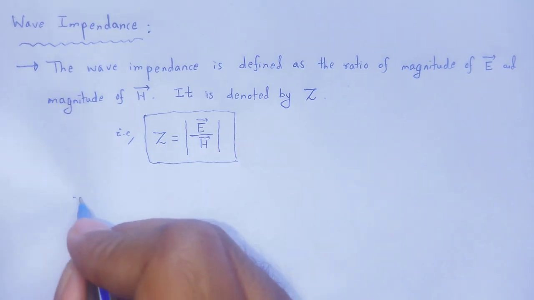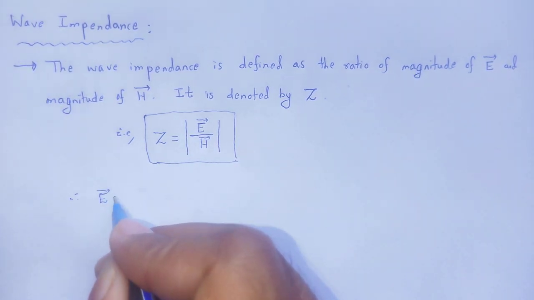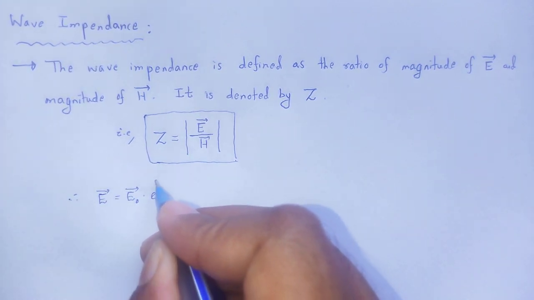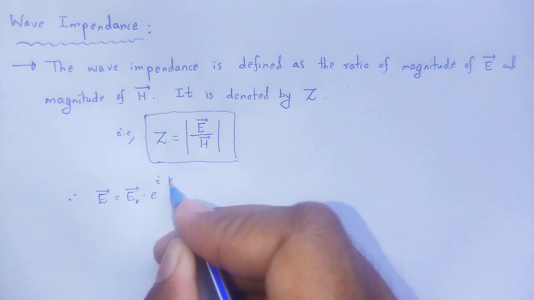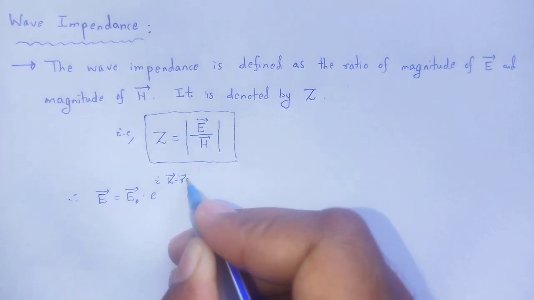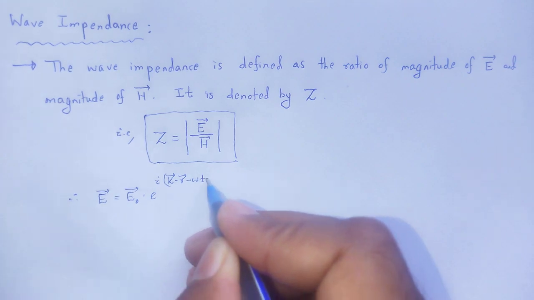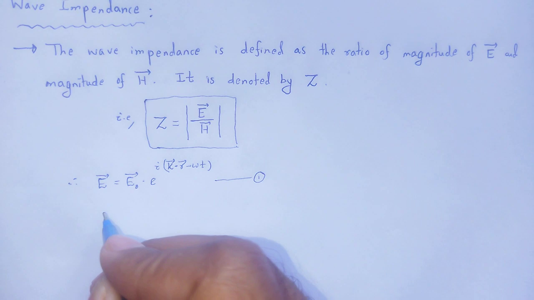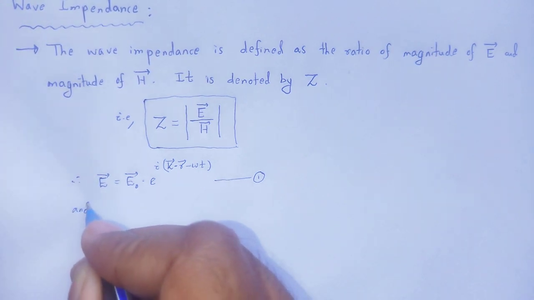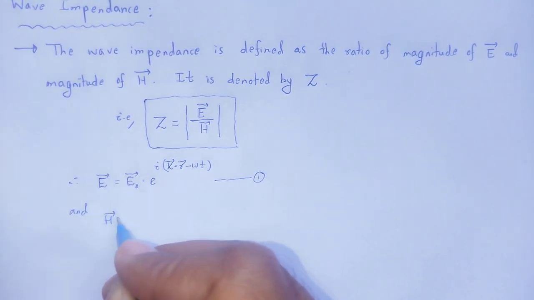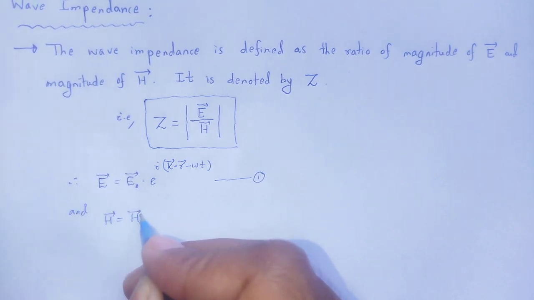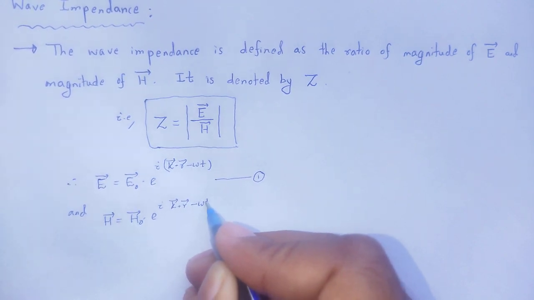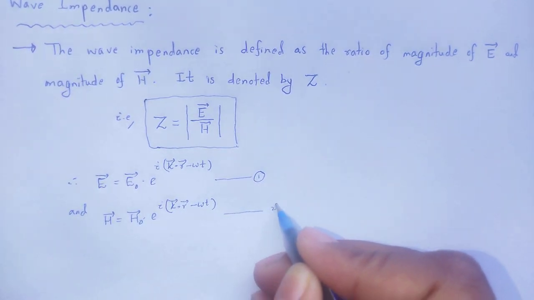As we know, E vector is equal to E naught vector e to the power i (k dot r minus omega t), that is the solution of E vector, equation number 1, and H vector is H naught vector e to the power i (k dot r minus omega t), that is equation number 2.